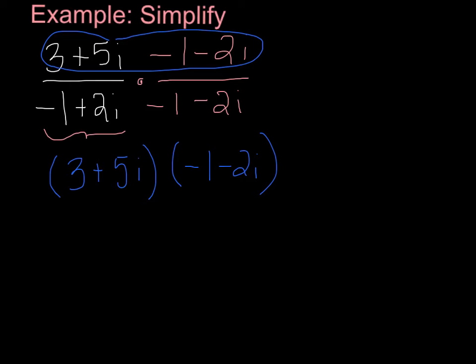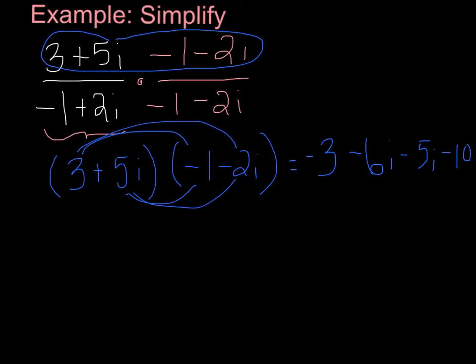So when you multiply that, you distribute. So negative 3, negative 6i, negative 5i, negative 10i squared. So let me clean that up. So it will say negative 3, negative 11i, minus 10i squared.